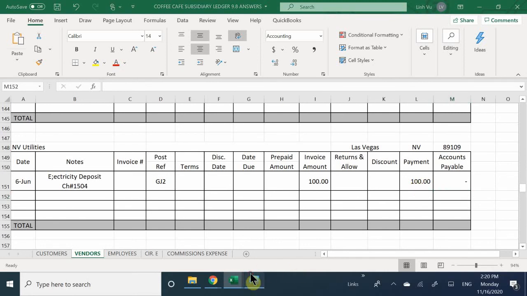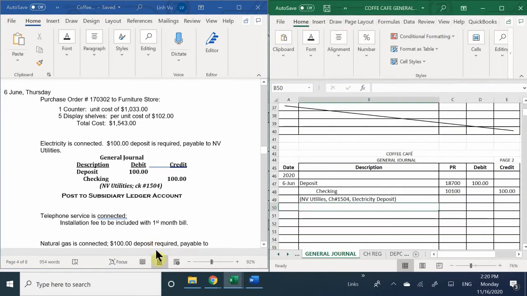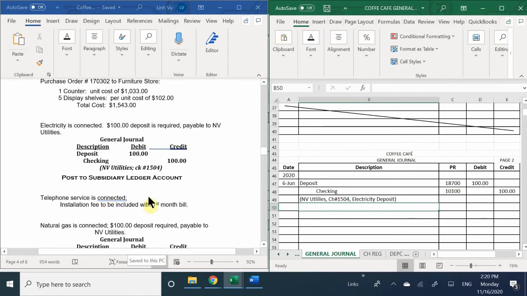So here we are back again at our transaction. Since we completed all three things, we journalize it, we place it into the ledger, and we place it in a subsidiary ledger. So what has happened next? Telephone services connected, installation fee is to be included with first month's bill.